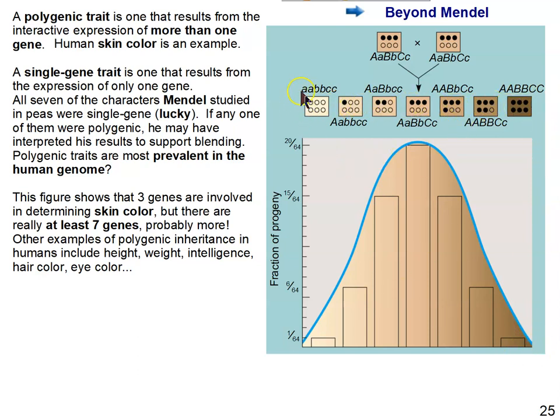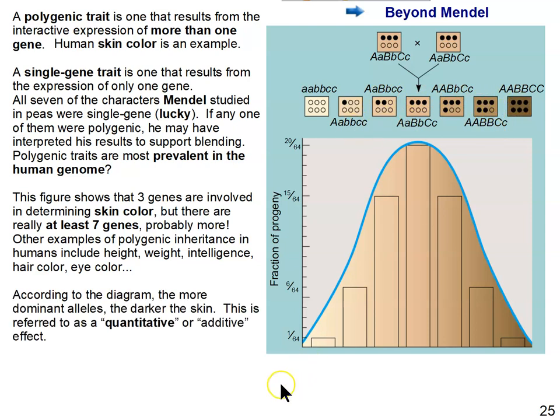So the idea is, as you go from very light to very dark, there's the addition of dominant alleles. And so that's referred to as a quantitative effect or an additive effect. The quantity of dominant alleles is responsible for a darker skin color, or the addition of dominant alleles results in a darker skin color.